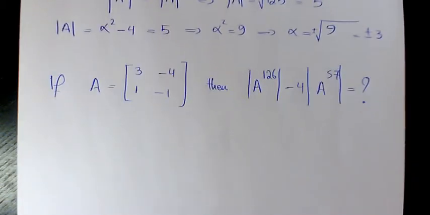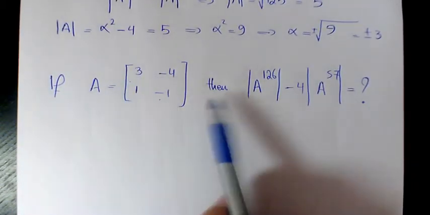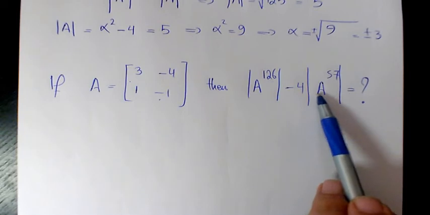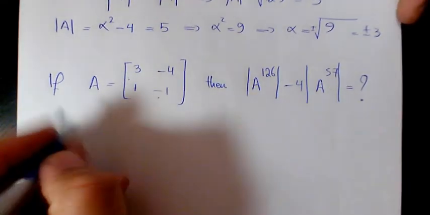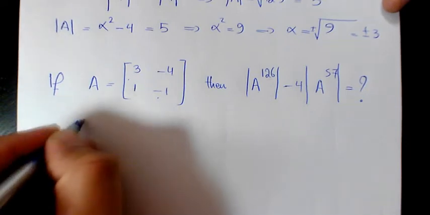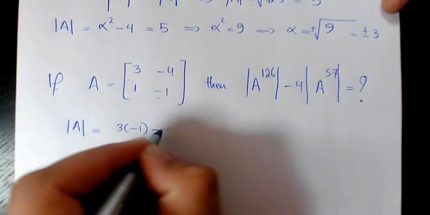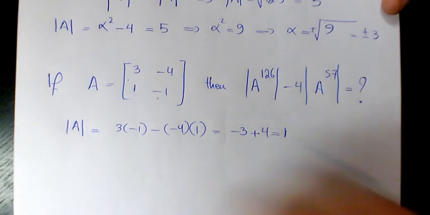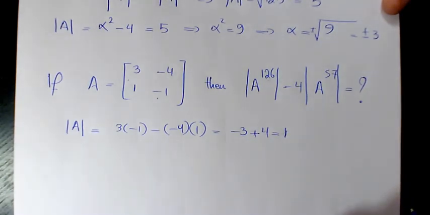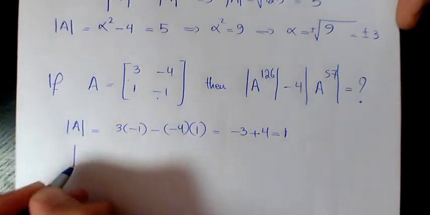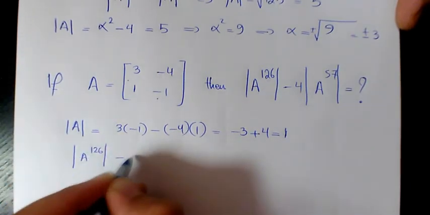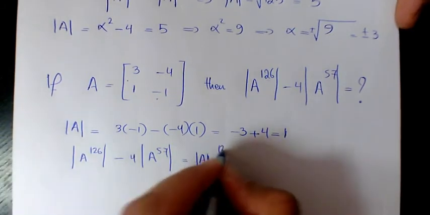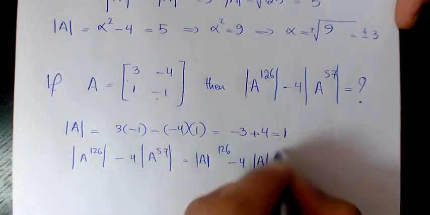Next example is saying that if the matrix is 3, negative 4, 1, negative 1, then what is the value of determinant of A to the power of 126 minus 4 times determinant of A to the power of 57?